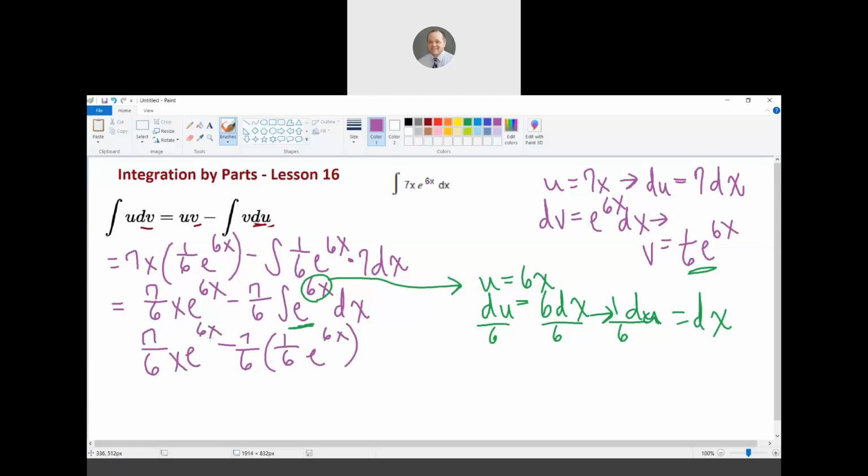And we'll just simplify a little bit. Our final answer is 7 over 6 x e to the 6x power minus 7 over 36 e to the 6x power plus c.